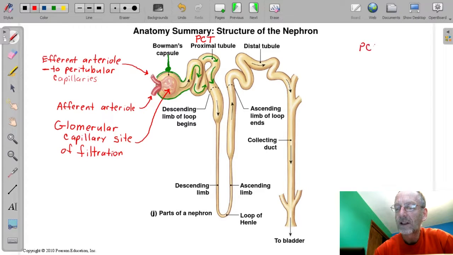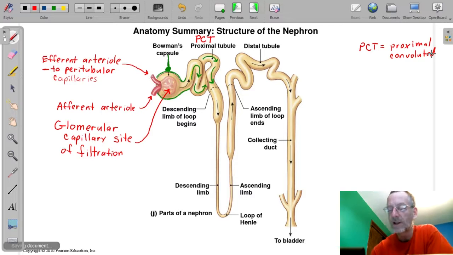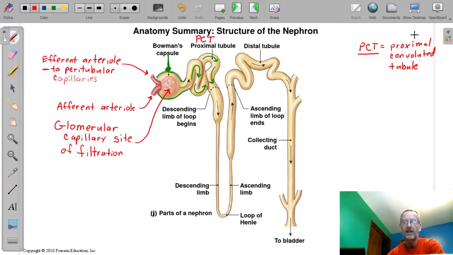So PCT equals the proximal, closest to the beginning, which is the glomerulus. Proximal, convoluted for twisted. Somebody has a convoluted argument. It's a pretty twisted argument. Proximal convoluted tubule. It's easier to write too, PCT.